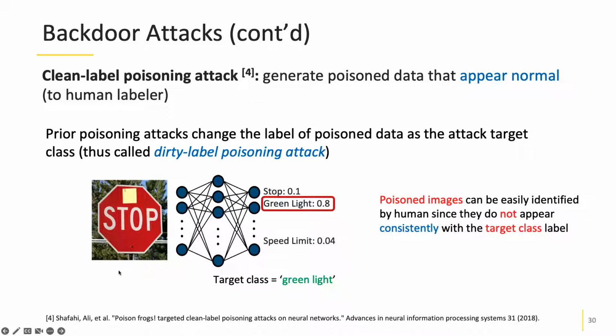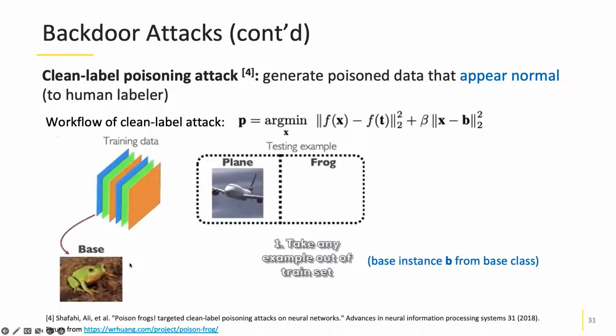So this is obviously not a green light image for a human labeler. To solve this problem, clean label poisoning attack tries to generate poisoned data that looks normal to human labelers.